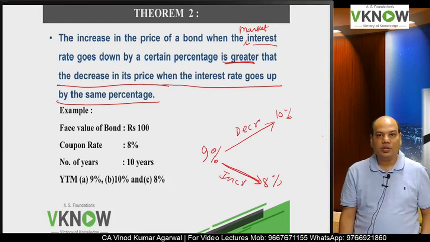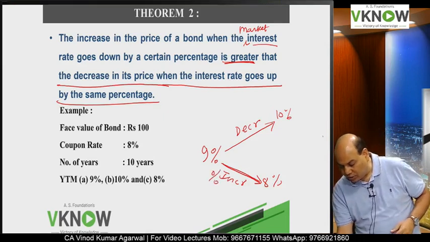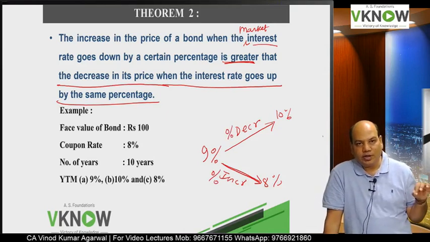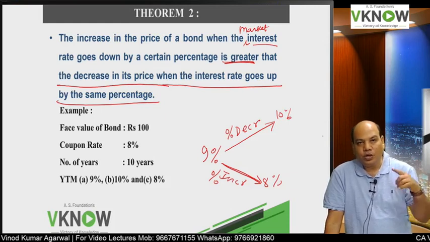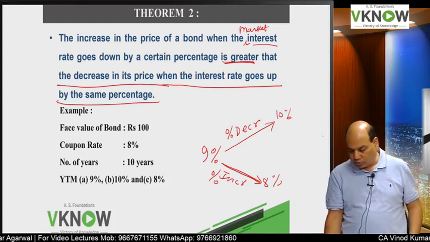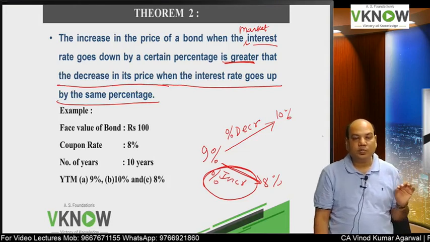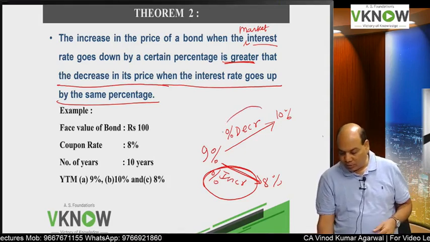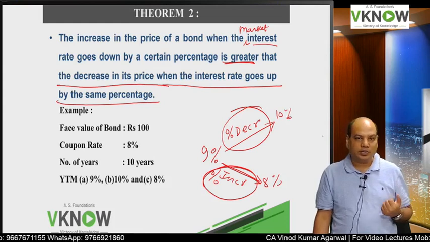Already we have seen. But my question is whether the percentage increase in bond price for 1% fall in YTM will be the same as the percentage decrease in bond price for 1% rise in YTM. The answer is no. The percentage increase in bond price for 1% fall in YTM will be more than the percentage decrease when the YTM increases by 1%.